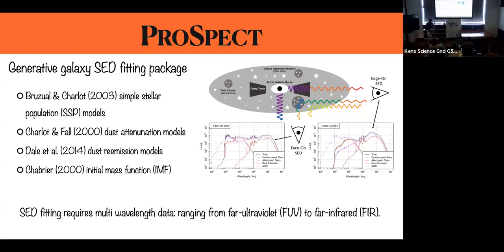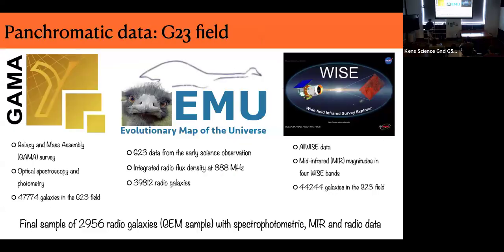And SED fitting requires multivariate data. The more photometric points we have, the better the results of SED fitting will be. So we need a panchromatic data set. For that, I looked at the G23 field from the Galaxy and Mass Assembly, GAMA, survey. G23 is the southernmost field of GAMA. The other fields lie along the equatorial plane, still in the southern hemisphere.